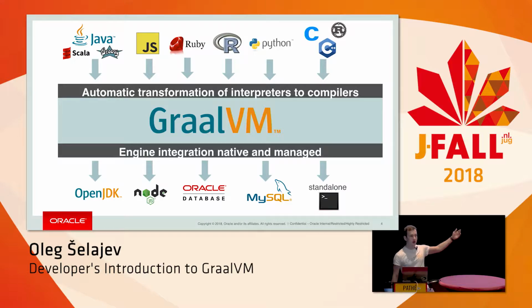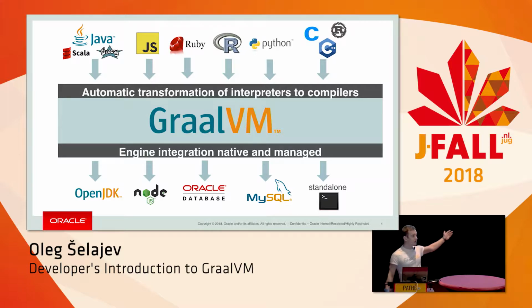In this mode, GraalVM is built into certain experimental builds of Oracle database, and you can download and experiment with that. And for example, you can write stored procedures and user-defined functions in JavaScript. Normally, you would do that using PL/SQL, but if you feel more productive and more comfortable with JavaScript, you can do that now.